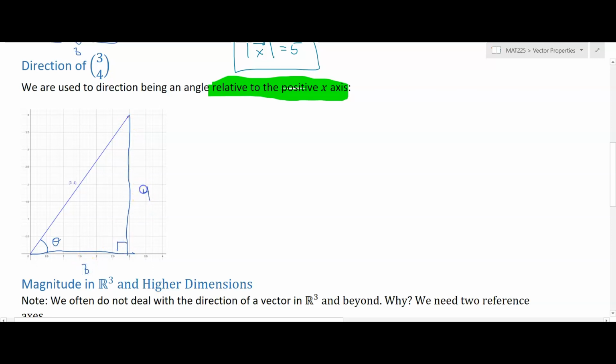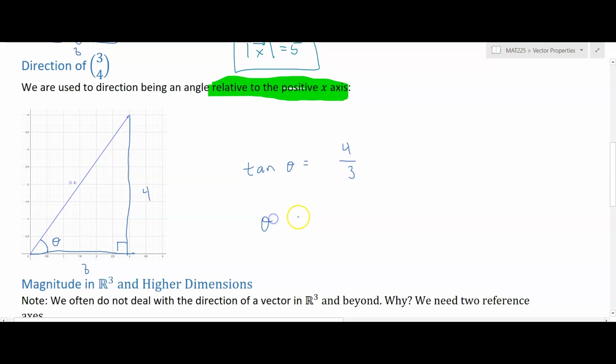So once again, if we form our right triangle here, and we already know those side lengths are 3 and 4, we just need to find a trigonometric relationship that relates right triangle sides, and we know that the tangent of theta is going to be the opposite side, which is 4, divided by the side adjacent to theta, not the hypotenuse, but the side, which is 3.